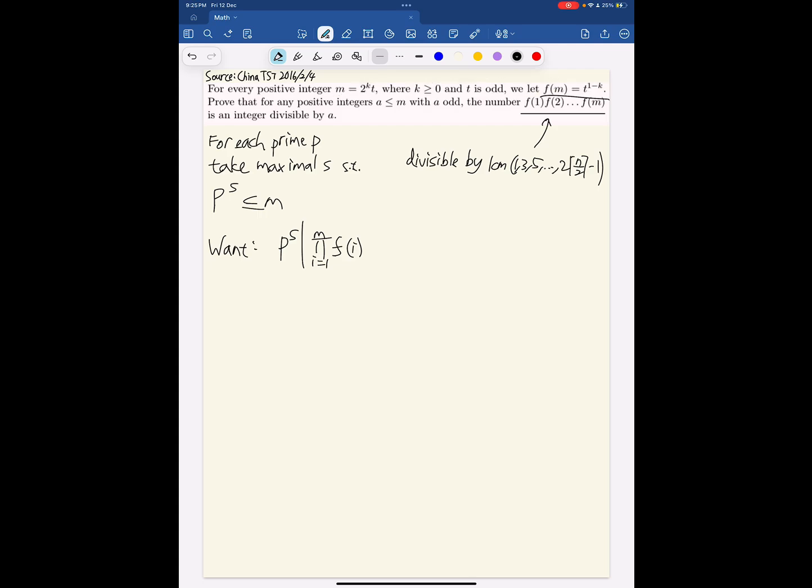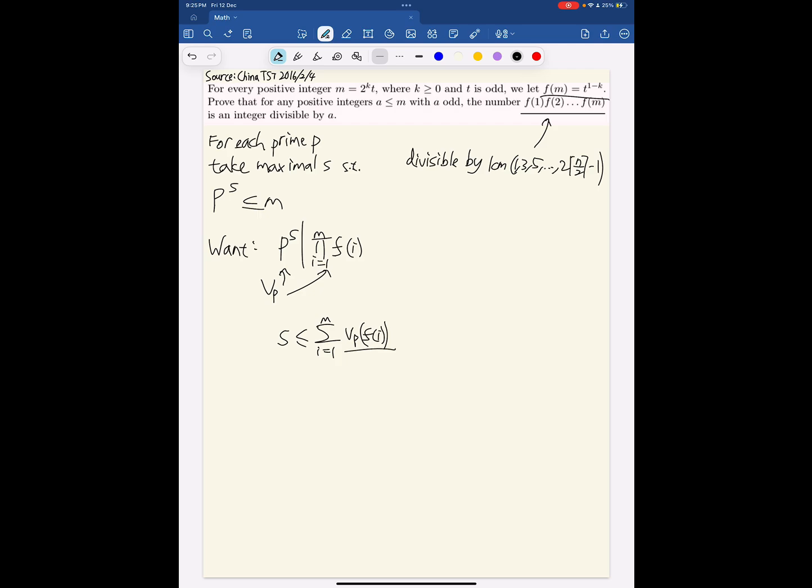So it's kind of this function. Now, the next thing to observe is you can take vp of both sides. So then what happens? Well, we're trying to prove s is smaller than or equal to vp of this. And obviously, vp of a product is just the sum of vp's. So we have this.